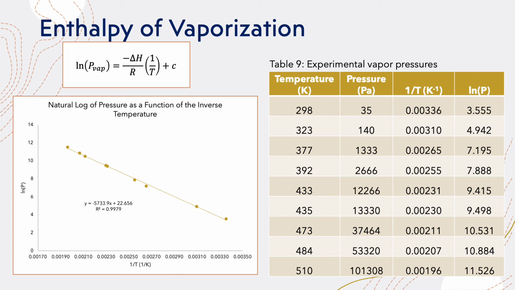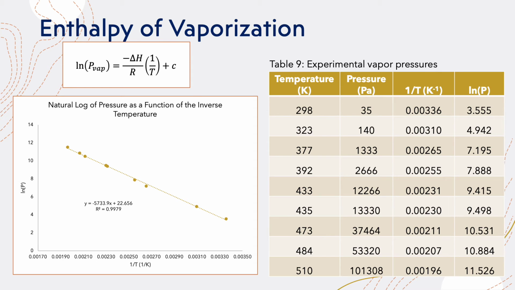Now that we have the change in enthalpy of combustion for CDDT and cyclohexane, the next component of Hess's law equation that we need to find the resonance energy is the enthalpy of vaporization of CDDT. Here we use the experimental vapor pressures for CDDT and fit the data to the Clausius-Clapeyron equation listed right here.